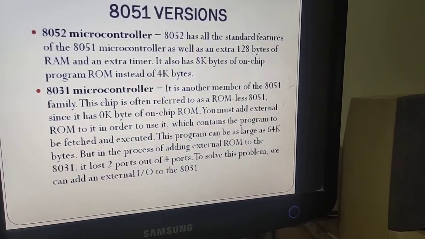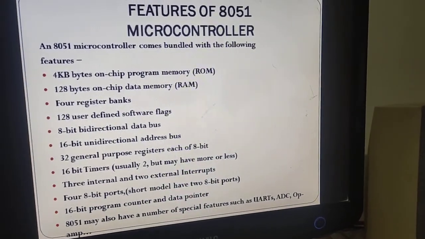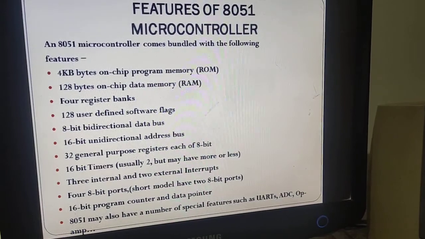So moving on, an 8051 microcontroller has certain features.